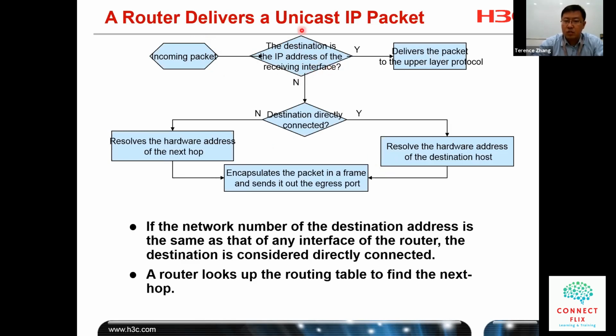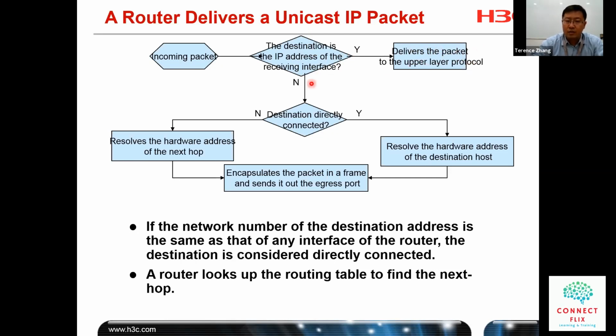This is the difference with the host. Receiving a packet, judge if it is this router's IP or not. If yes, deliver the packet to the upper layer protocol. That means encapsulate it to the upper layer protocol.